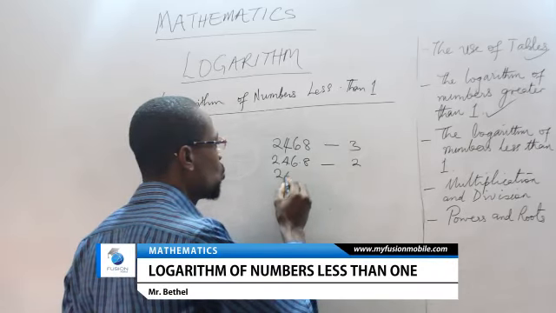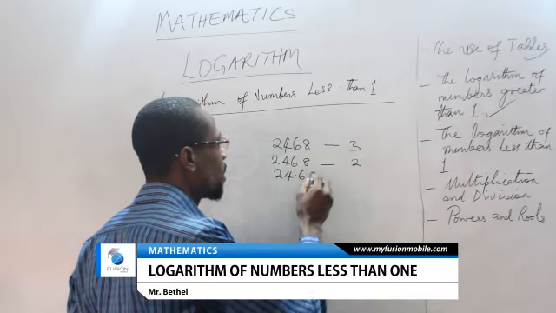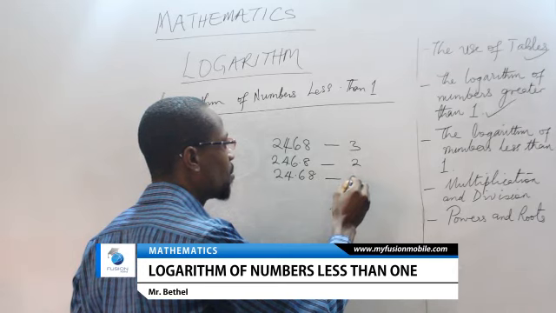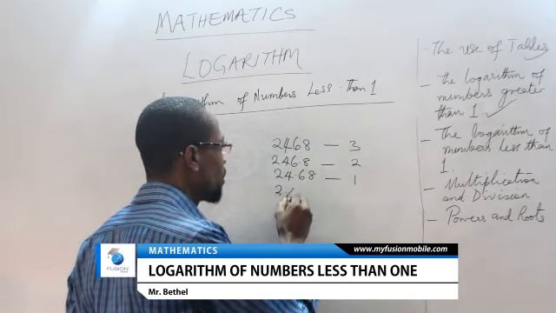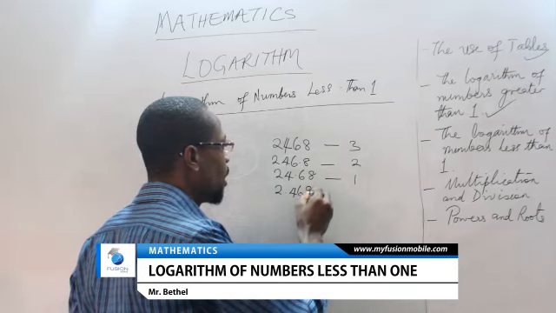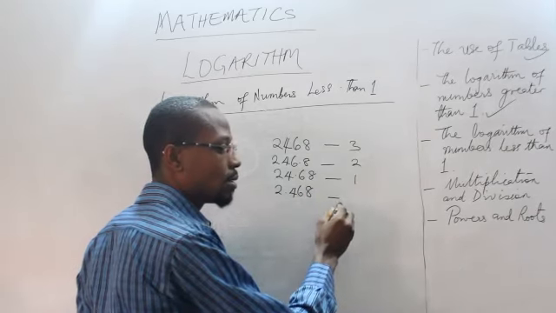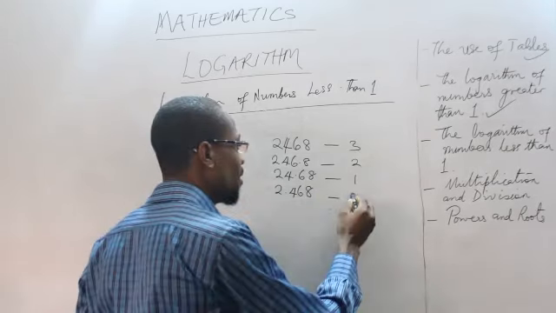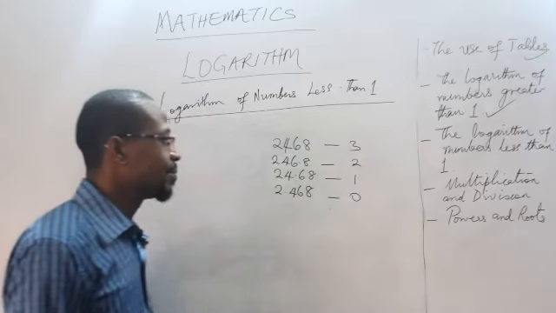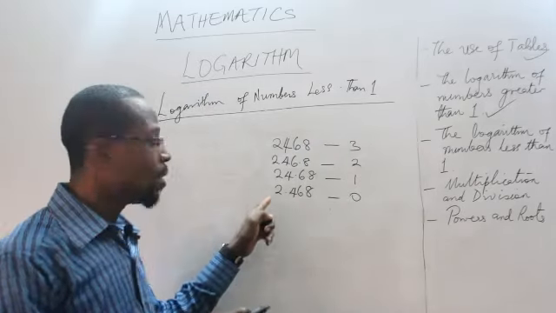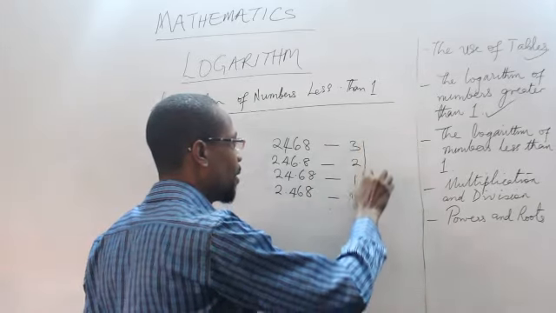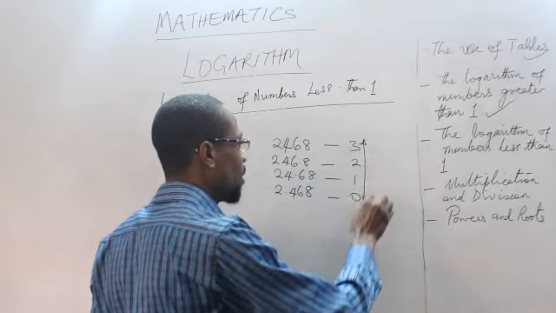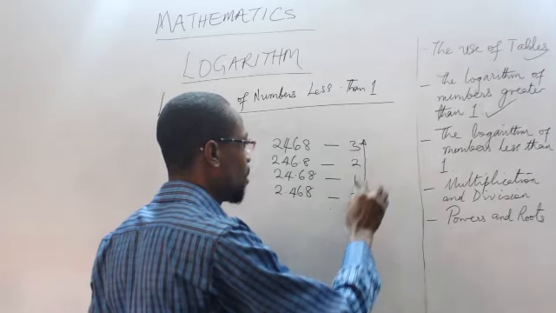And when we have 24.68, our characteristic becomes 1. So when we have 2.468, our characteristic becomes what? Simply 0.